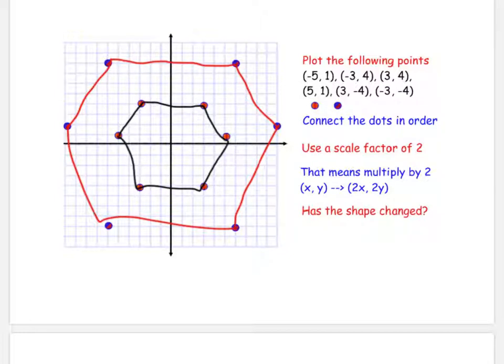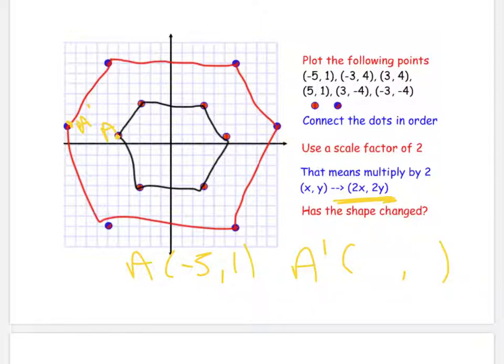So for example, let's say that I am calling this point here A. That corresponds to this point right here, so that would be A prime. But to get to A, that's the point right now at -5, 1. If I was going to apply the transformation notation, that means to get to A prime, I'm taking each point and I'm multiplying it by the scale factor.